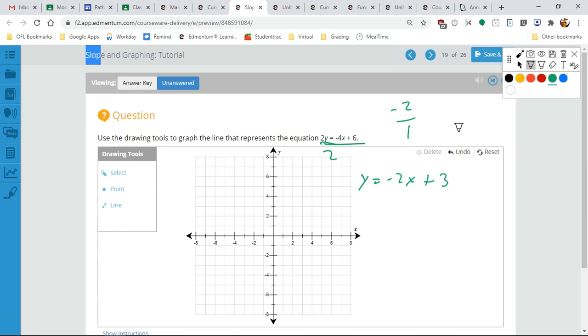So our beginning is 3. We start off at 3. And then our rise is negative 2, so we go down 1, 2. And our run is 1. So we go over 1, put our points, and we get our line.